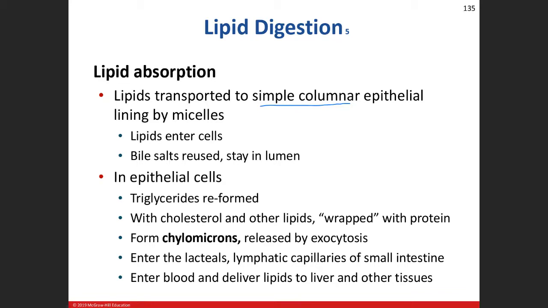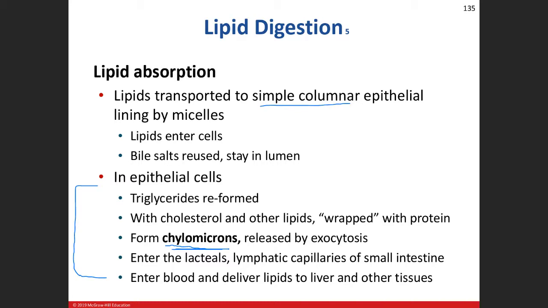We're going to go into this part in much more detail, so I'm going to run through it fast. Basically, inside the epithelial cells, we are going to form structures called chylomicrons. That is just a lipid that gets surrounded by proteins. You've heard of LDLs and HDLs, good cholesterol, bad cholesterol, and VLDLs, very low density lipoproteins.